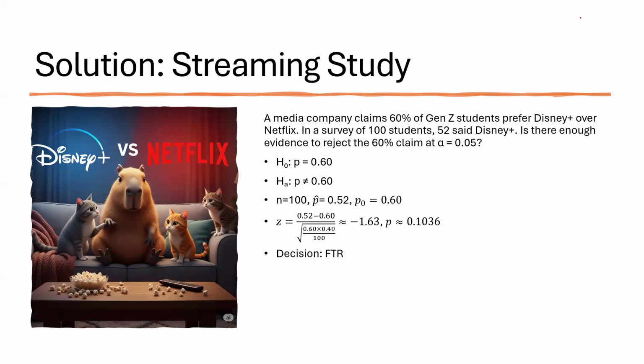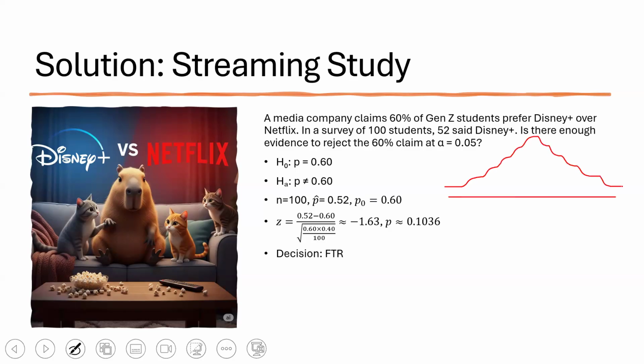So because this is a two-tailed test, we find the area in both tails. Here's our 0 at the mean. Beyond 1.63 and negative 1.63, that shaded area is this p equals 0.1036.